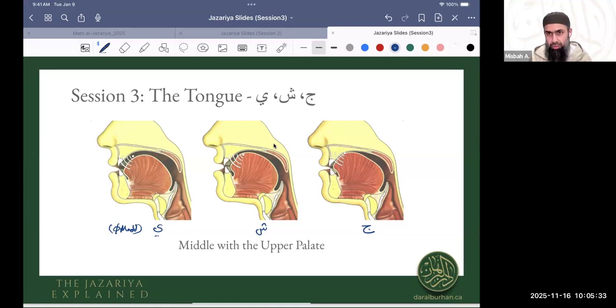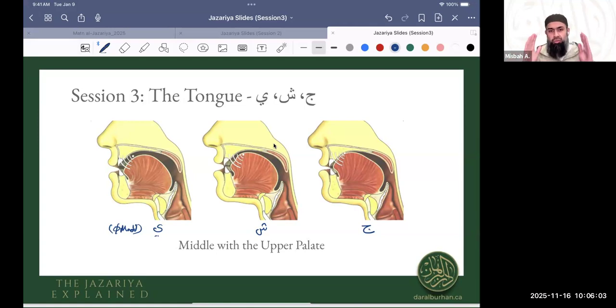Again, same thing. We need to understand the relationship. So if you're going to describe ya or sheen or jim, you're going to have to describe it as such. It's from the middle of the tongue with the corresponding part of the upper palate, in conjunction with, along with, however you want to term it. It's not important that you memorize the way I'm writing it.